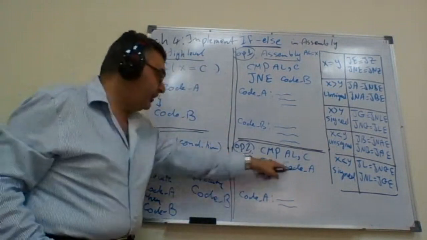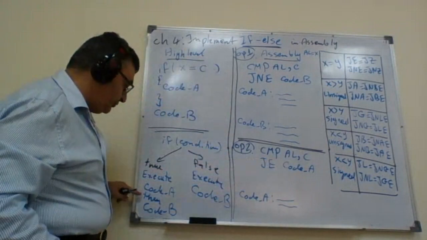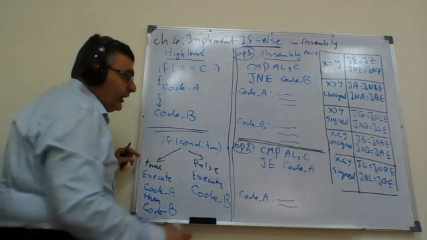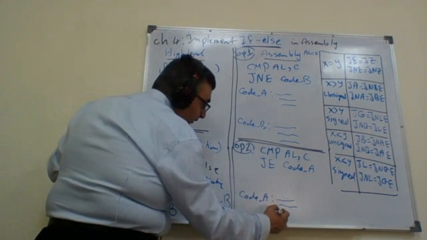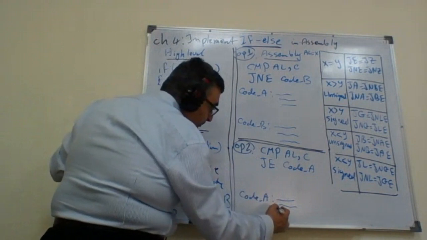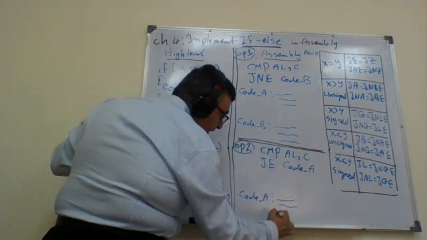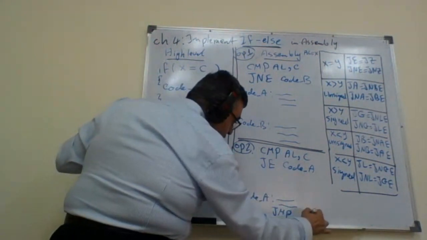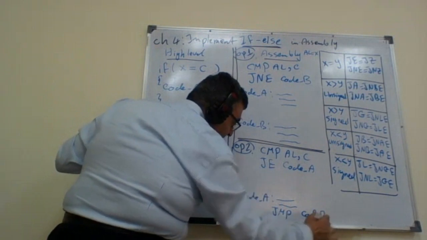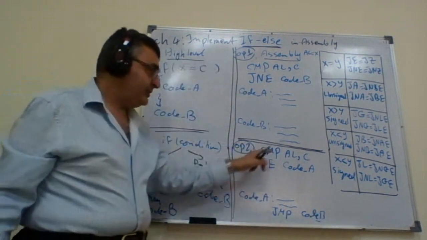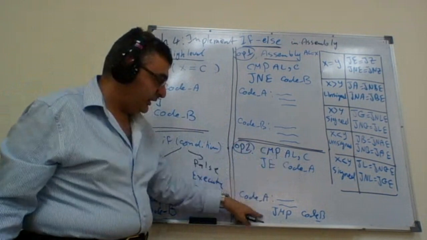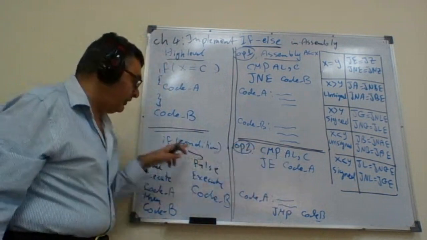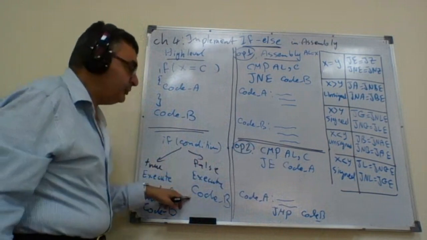Now, if they are equal, I should execute A, then execute the code for B. So at the end of code A, I have to use an unconditional jump to jump for code B. That means if they are equal, I will execute A and then jump to execute B. But if they are not equal, I want to go to execute B directly.